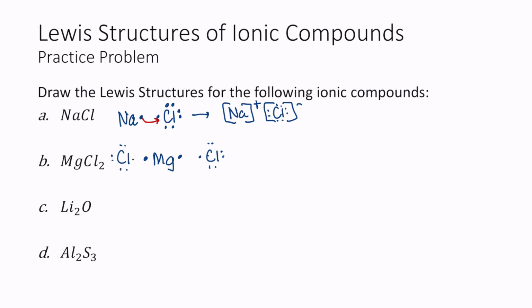And when I draw it like this, it's easier to see that magnesium is going to transfer 1 electron to one chlorine and the other electron to the other chlorine. So in this case, we get that ionic transfer of electrons from magnesium transferring it to 2 different atoms.